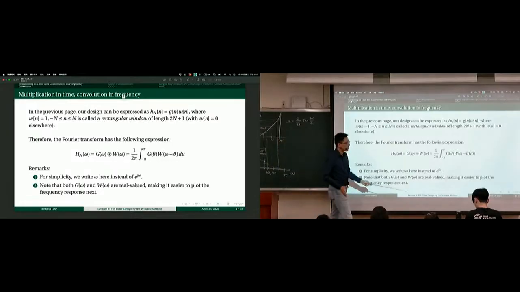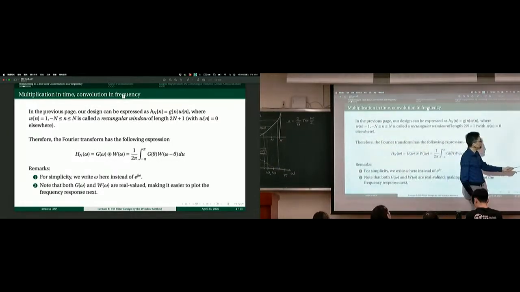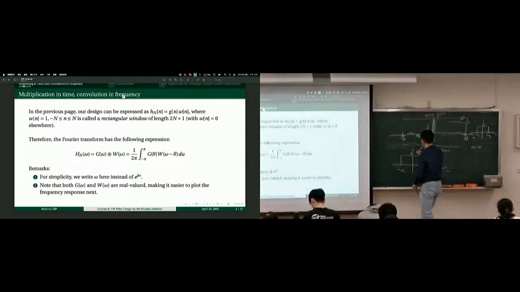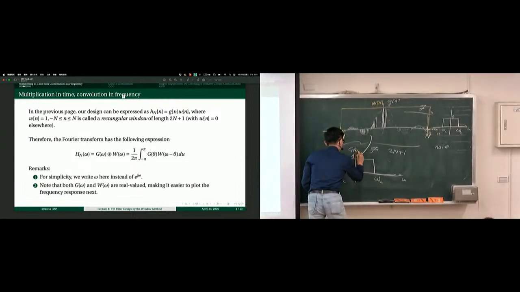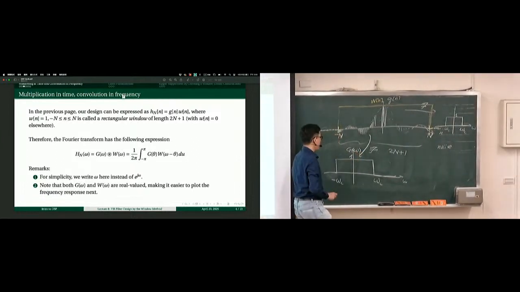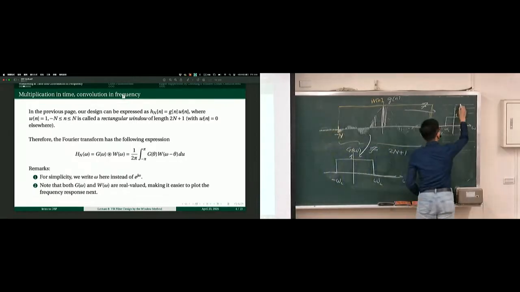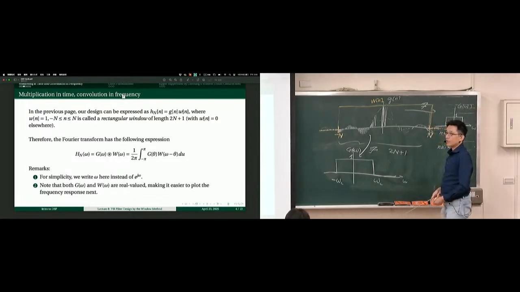Because first of all, we already know G, the ideal frequency response, is real valued, by definition. But why is big W also real valued?